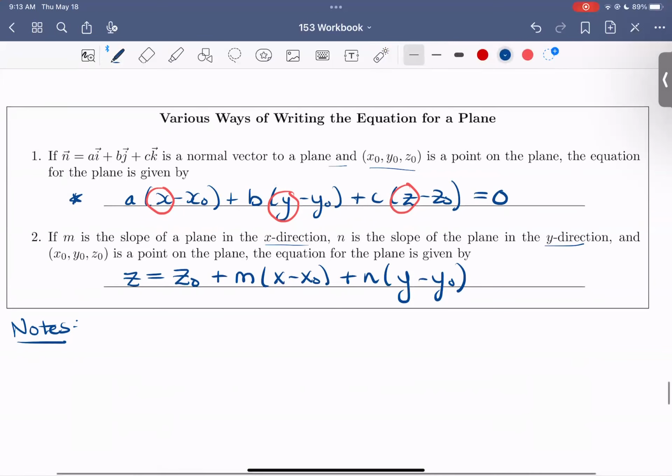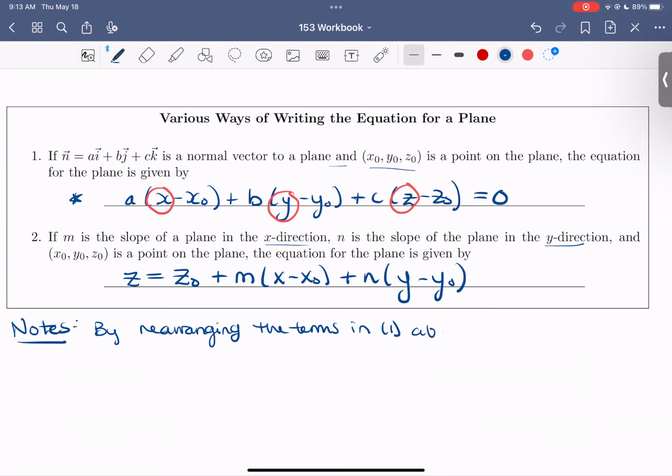So I'm going to just write that out. By rearranging the terms in one above, we can rewrite the equation of a plane in what's called standard form.